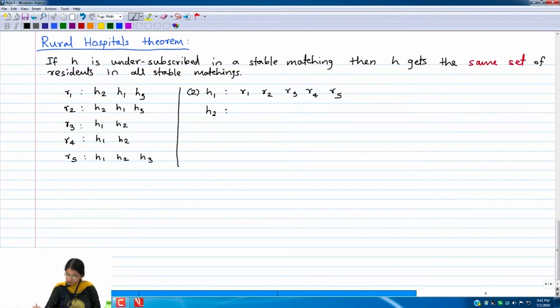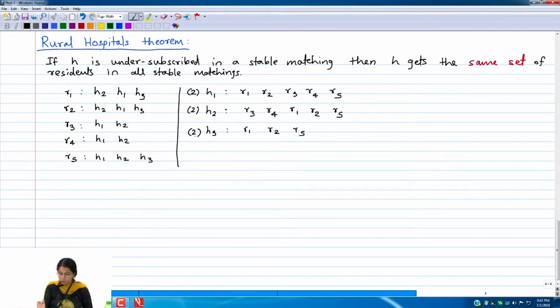H2 prefers R3, R4 and then R1, R2 and then R5. And H3 prefers R1, R2 and R5. And all hospitals, let's say, have capacity 2.